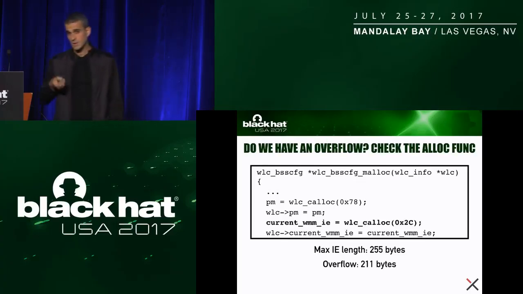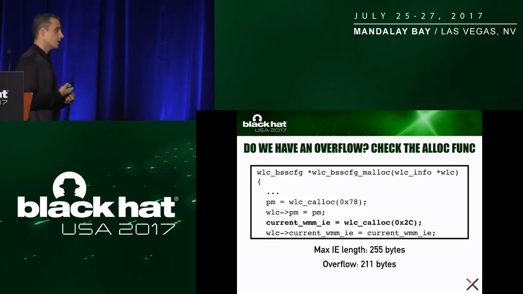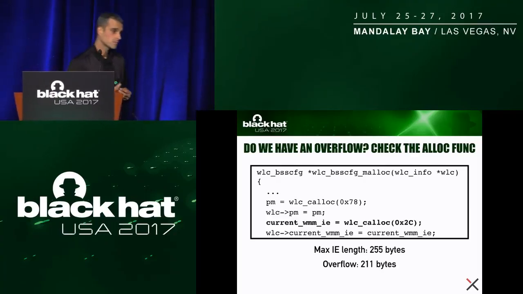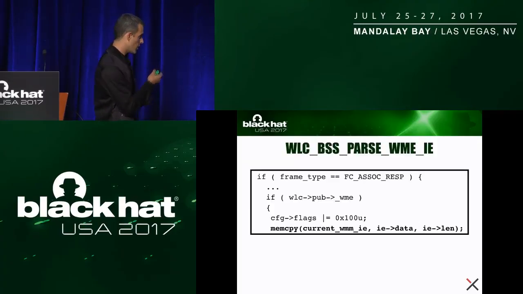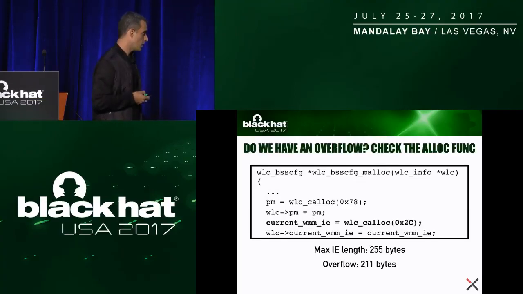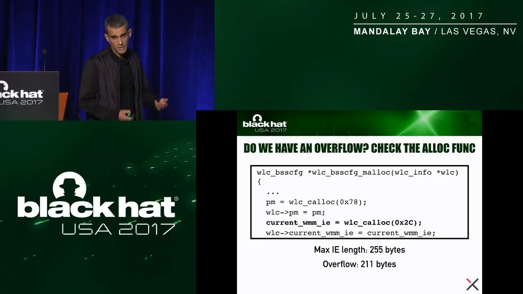But before we actually could confirm that it's a bug, we wanted to check that the buffer being copied into was actually too small to hold the data. If we look at the bug, you can see that there's a memcopy here, and we don't see any size check at all anywhere. And that means that we can specify an IE len as big as we want. And when we look at the function which allocates this buffer, we see that its size is only 44 bytes.